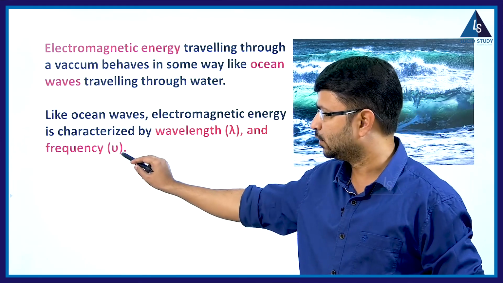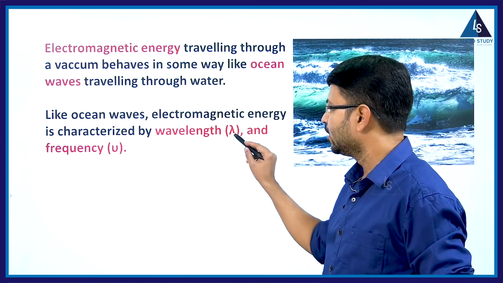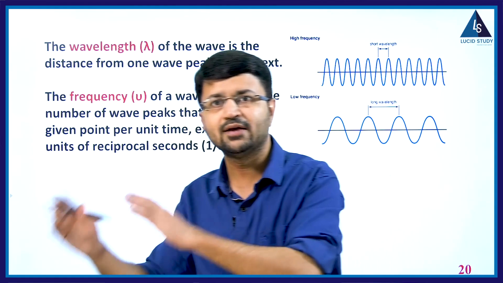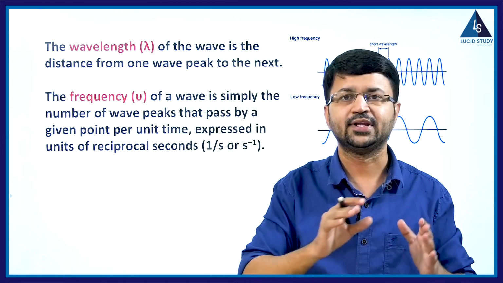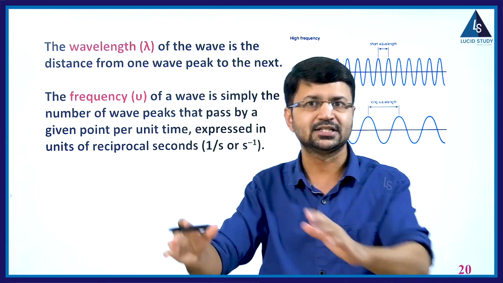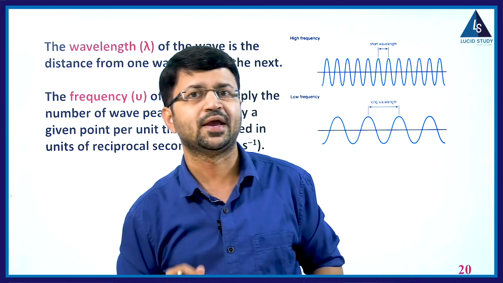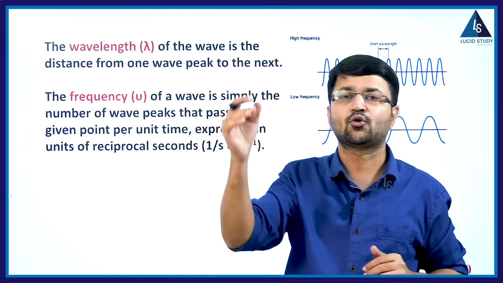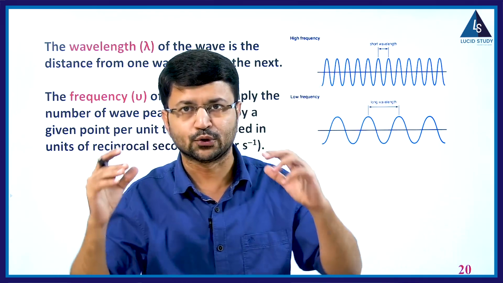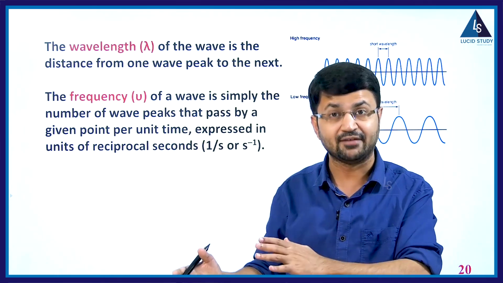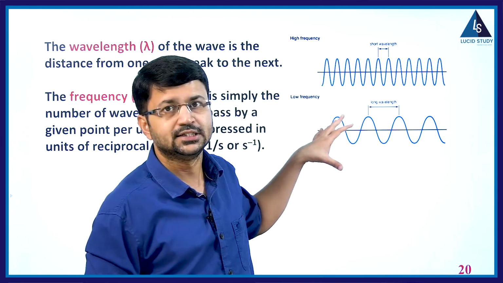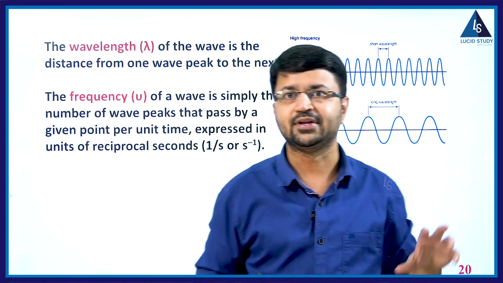Nu means it will be in this manner and wavelength means lambda. Now this wavelength as well as the frequency nu, they are the characteristics of an electromagnetic wave, and similar to the ocean waves, electromagnetic waves have a wavelength and frequency. Let us discuss the wavelength and frequency.